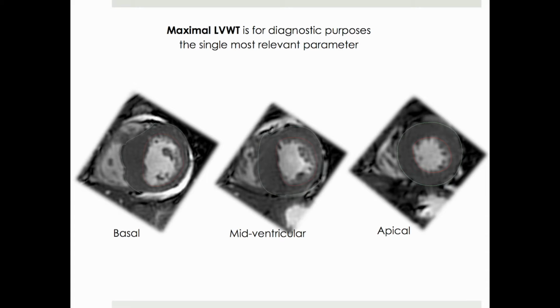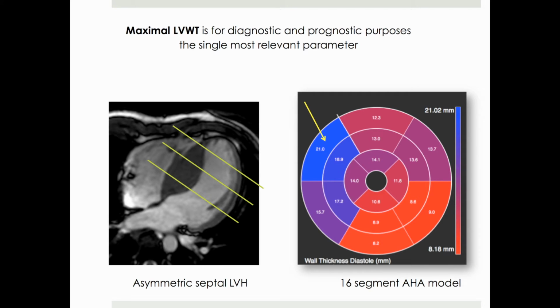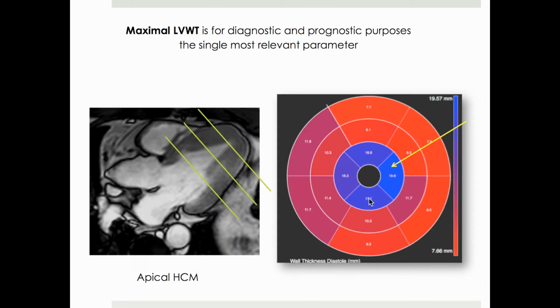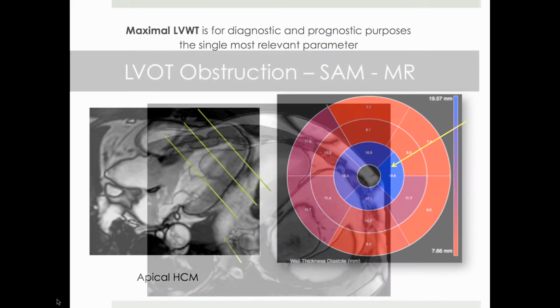It is obtained by measuring left ventricular wall thickness in three standardized short-axis slices, that is, basal, midventricular, and apical slice. It is most intuitively presented in a 16-segment AHA model, allowing an immediate recognition of the leading morphological features, such as predominant septal hypertrophy compared to stronger apical weighting.